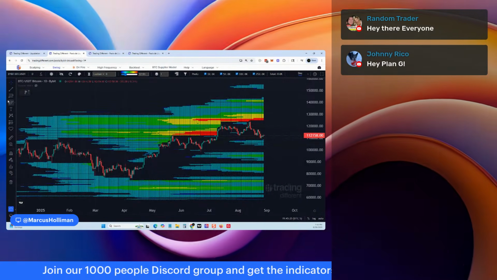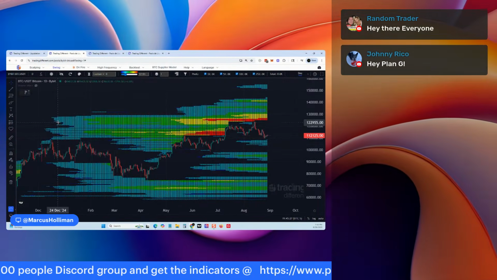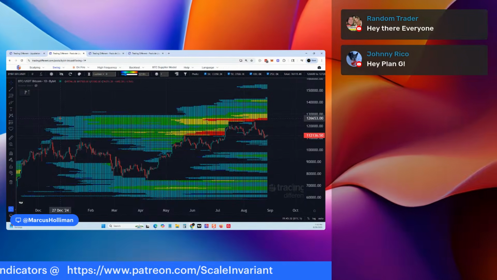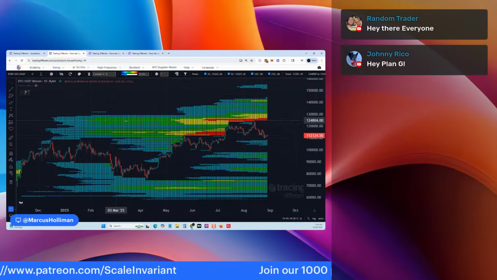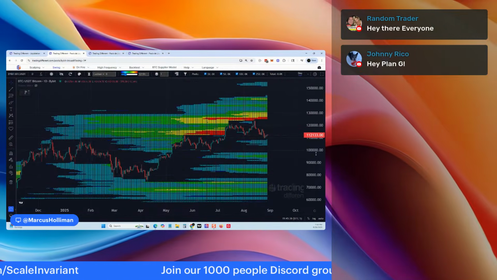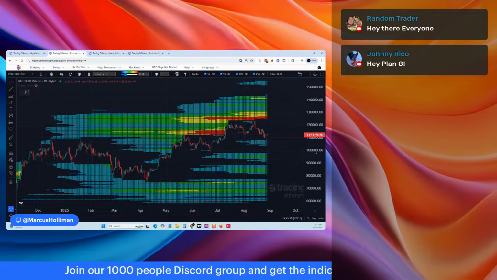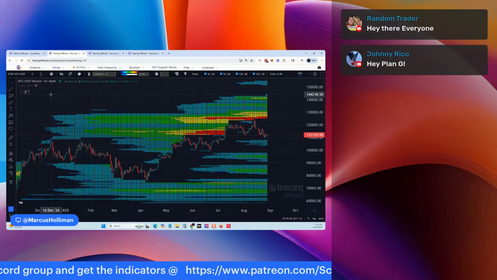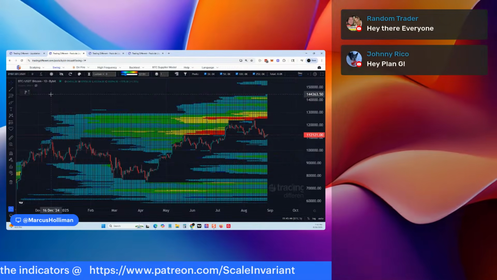Once again, at a very high level, this is the perpetual contracts on Bybit. Binance is basically the same information. We're looking at the daily time frame so we can get a big picture. We've been in a consolidation pattern since about the beginning of the year.